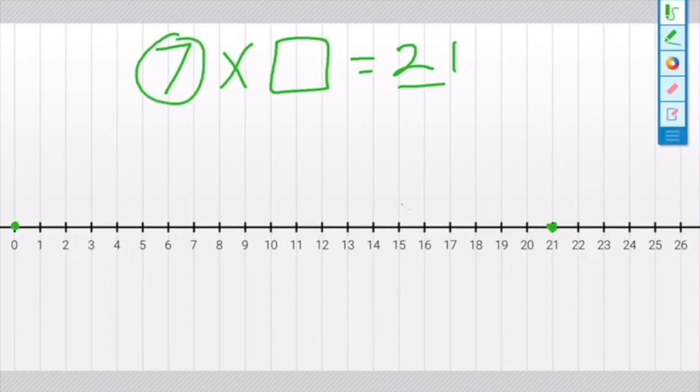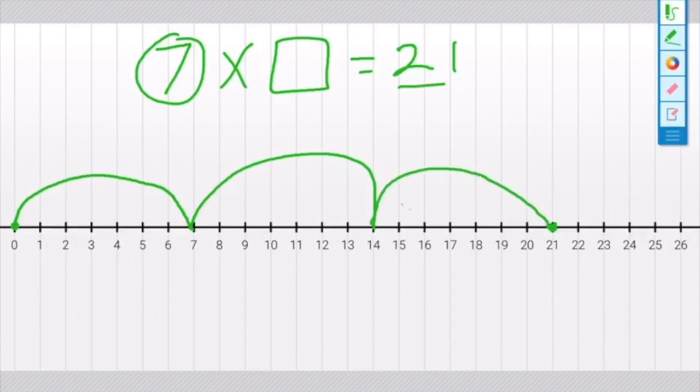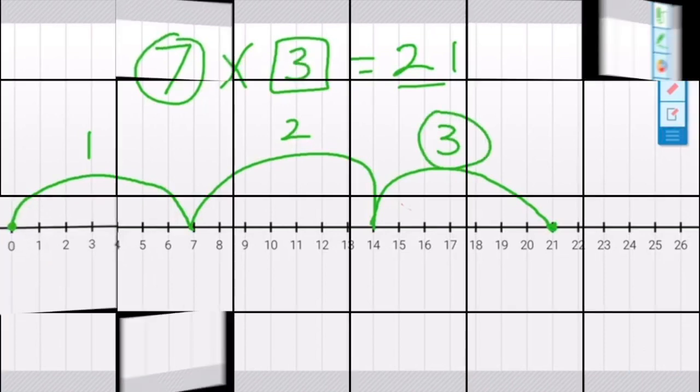So my first jump is to 7, and I know 7 plus 7 equals 14. And then 14, well, it looks like I only have 7 left, so 14 plus 7 is 21. 21 is not the missing factor, that's the product. I need to count my jumps in order to find what the missing factor is. And the missing factor is 3.